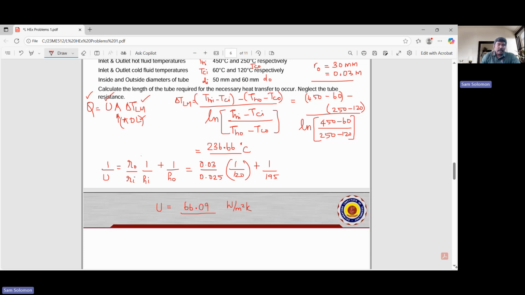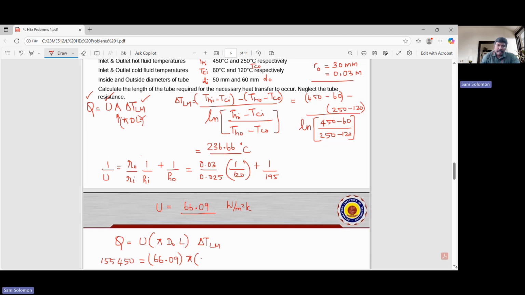Okay. So now the final equation is Q is equal to U times pi D naught times L into your delta T L. So Q is given. That was equal to 155,450. U is 66.09.